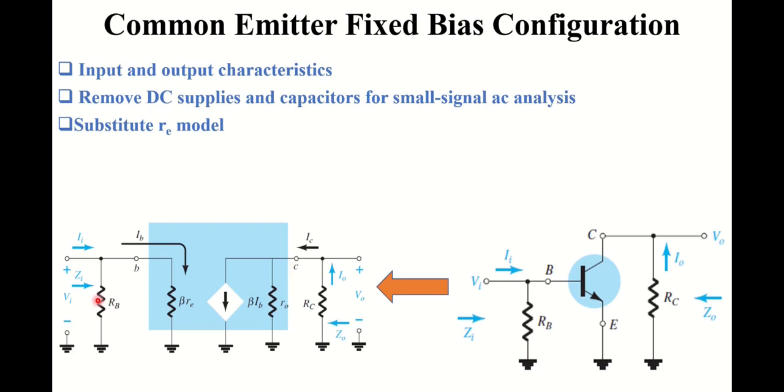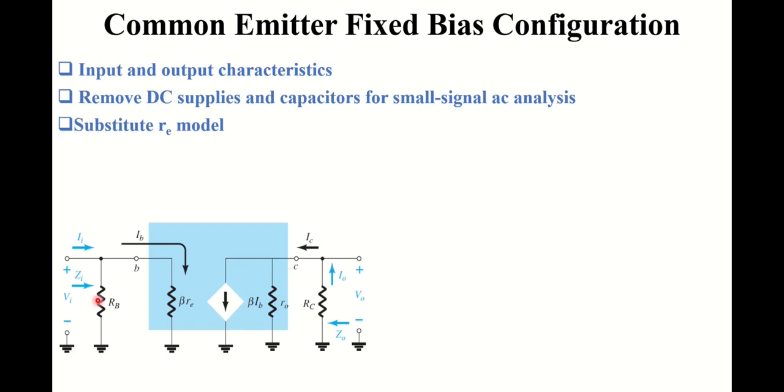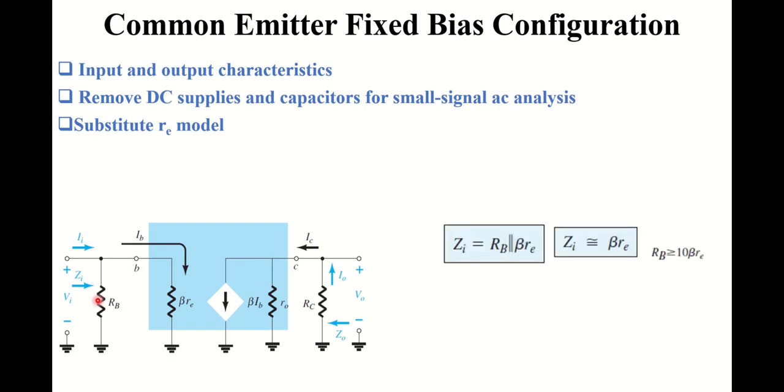It can be clearly seen from the final circuit diagram that the input impedance Zi can be calculated by the formula of RB in parallel to beta re. Usually the value of base resistor RB is greater than beta re by a factor of 10.